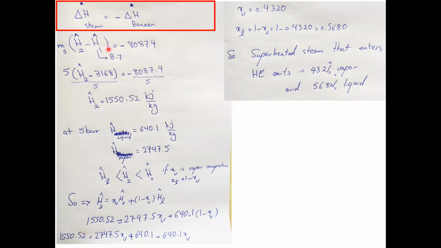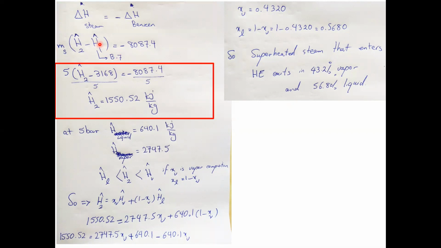So for superheated steam, you have to go to table B7, right? And find out the specific enthalpy at that temperature and pressure. So I just read this value from the table at 5 bars and 350 degrees. So we just substitute whatsoever we have. H2 we don't have. We just calculate from this equation.